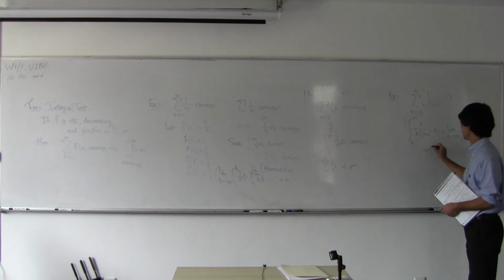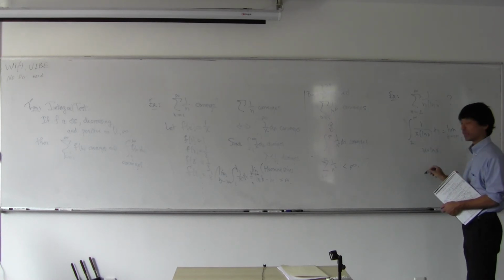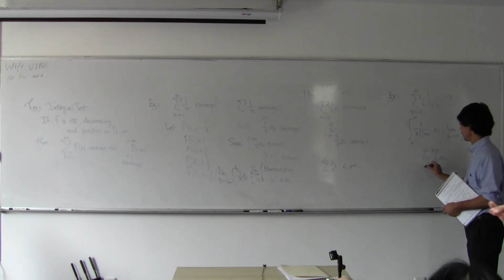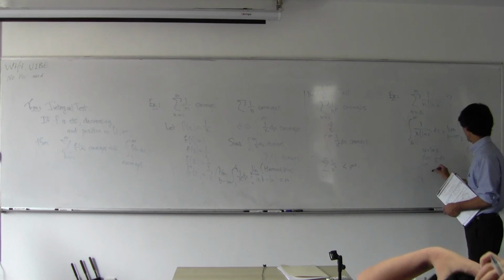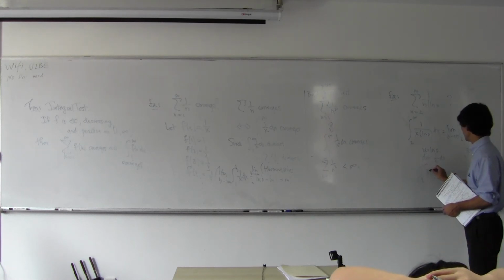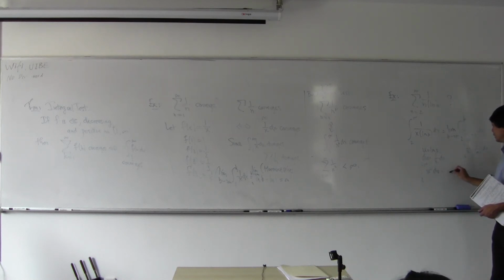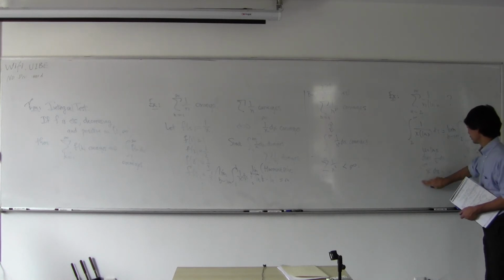Let u be natural log of x, right? Du is going to be 1 over x dx, right? So this turns into the integral of u to the minus 1 du, which is the natural log of u. Wait a second, I need to fix the limits.